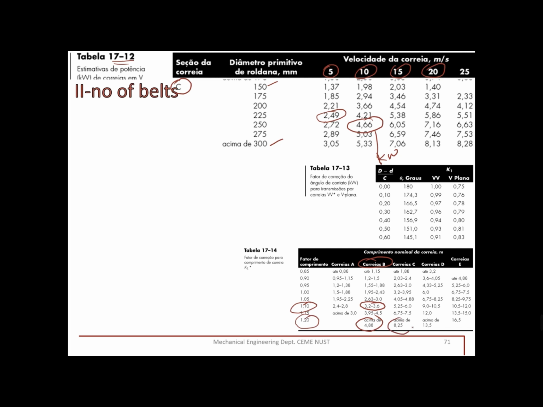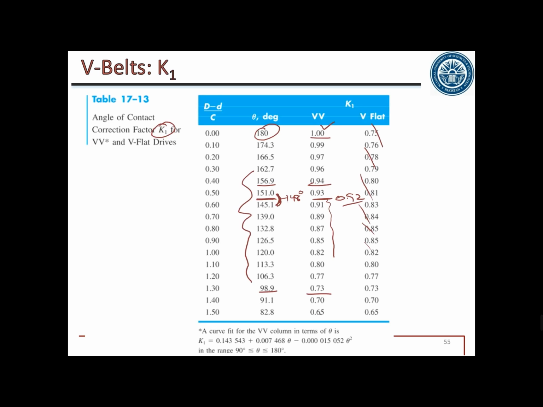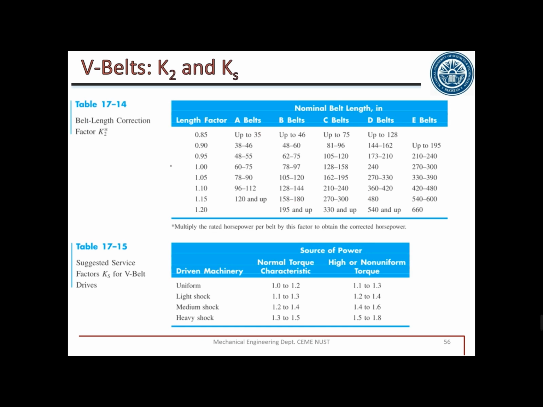Similarly, a C-type belt of more than 8.25 meters will give you a correction factor of 1.2. So that's how we calculate the correction factor in the metric edition or in SI that I have shown you. And KS is the same as we have used in flat belts.